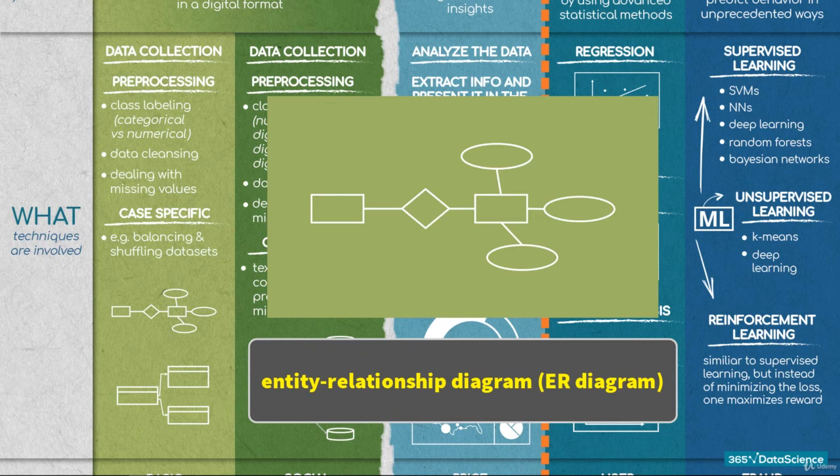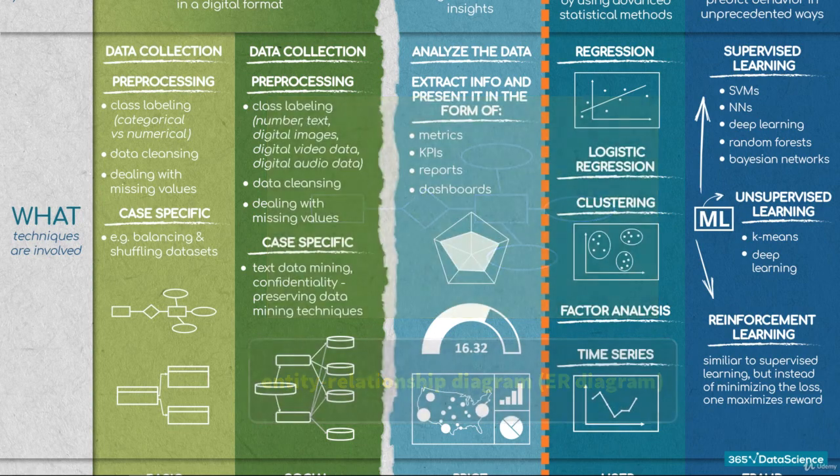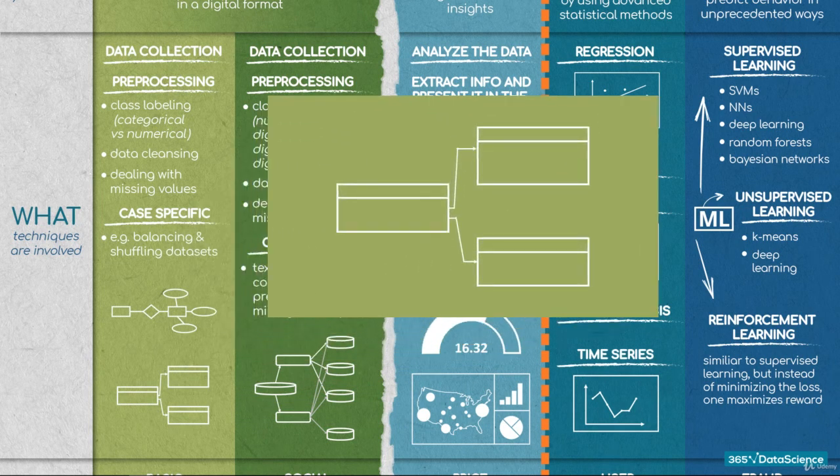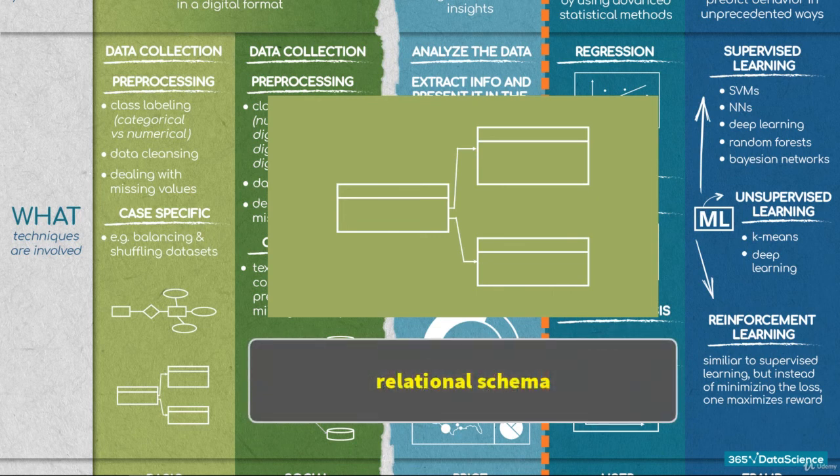Specialists love it for the straightforward way in which the different shapes convey how the tables in a database are related. The second model is important to be understood well, not only by database creators, but also by its users. It is called relational schema. Here, each rectangle represents a distinct data table, and the lines show which tables are related and which aren't.